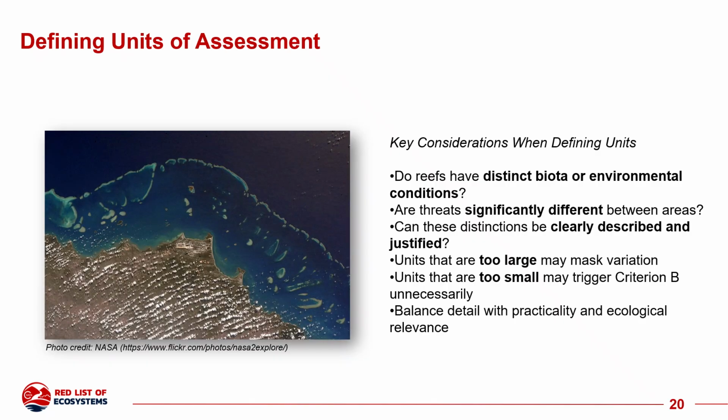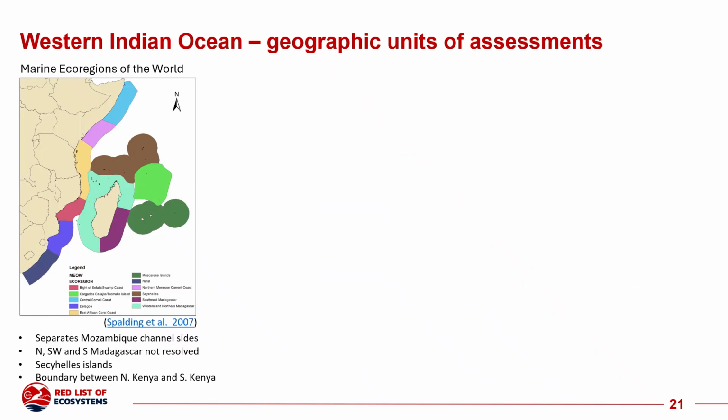These have different biophysical conditions, face distinct threats, and support different coral communities, meaning they could be more appropriately assessed as separate units. For the Western Indian Ocean assessment, the Marine Ecoregions of the World framework provided a broad biogeographic foundation for defining assessment units.